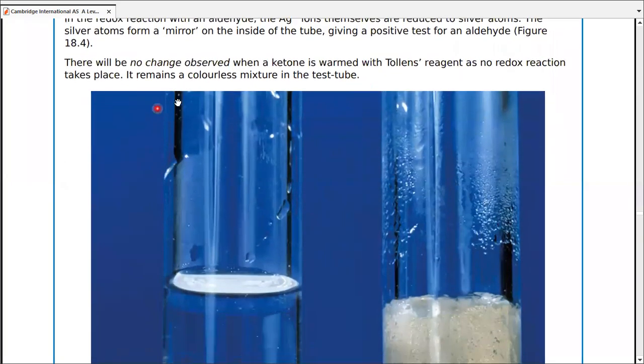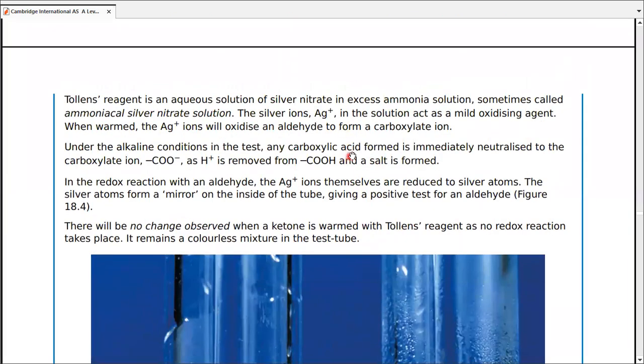So the ketone, a colorless mixture, remains in the test tube. There is no redox reaction. Remember, Tollens' test is a redox reaction. Ag+ ions are the oxidizing agent. Aldehyde is the reducing agent. Aldehyde is oxidized to carboxylic acid, which is later turned into a carboxylate ion because of the presence of an alkali there.